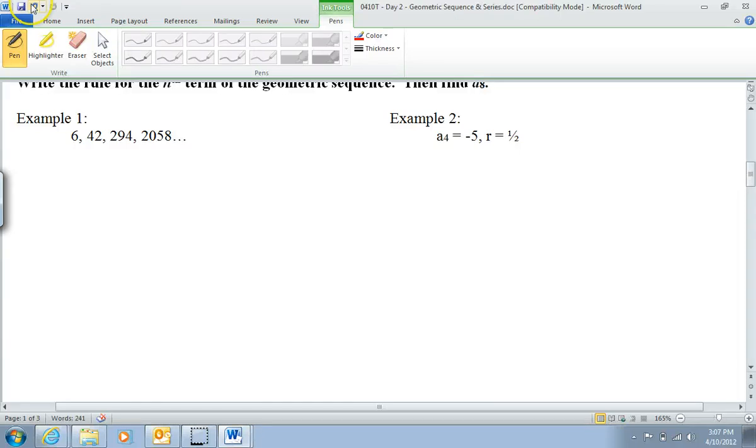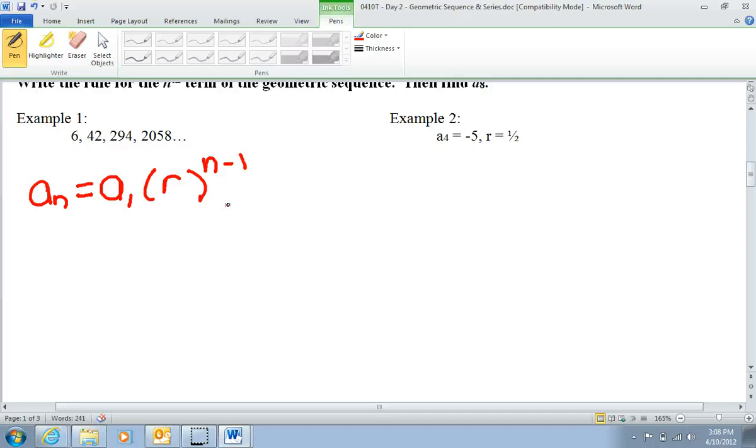Okay. Anytime we're finding the rule, the equation for these geometric sequences, we're going to use the same formula over and over again. We're going to keep using the formula that goes like this: an, who knows the formula? a1 times r to the n minus 1 power. We're going to use this for all 4 of these problems at some point.